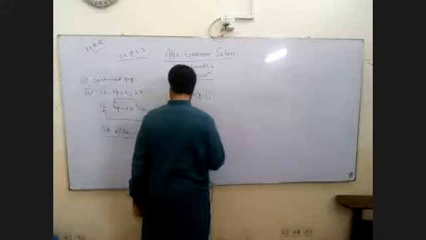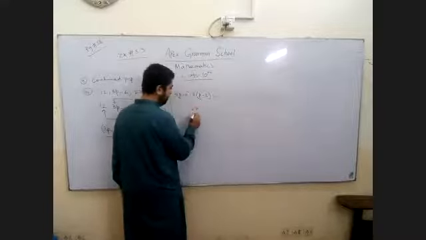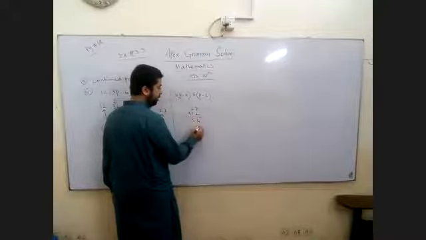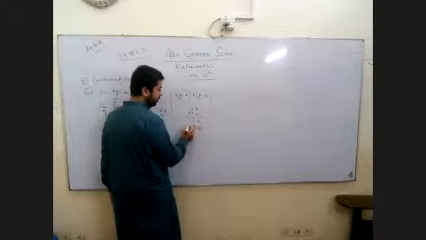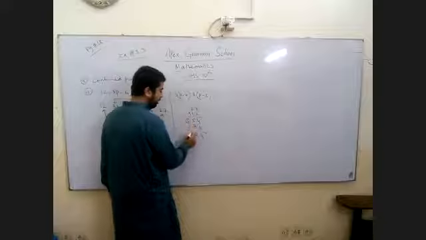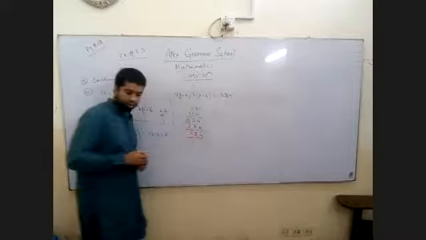So 12 multiplied by 27, answer is multiplied by 12. So 7 2s are 14, 5, 4, 5 and plus 7, that is 12, and 324. Okay.